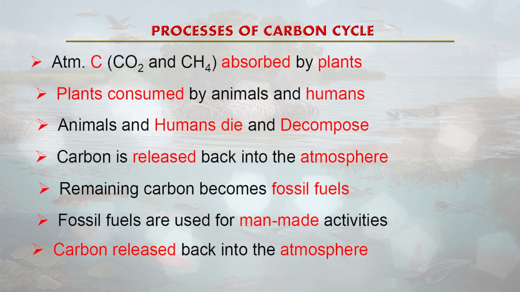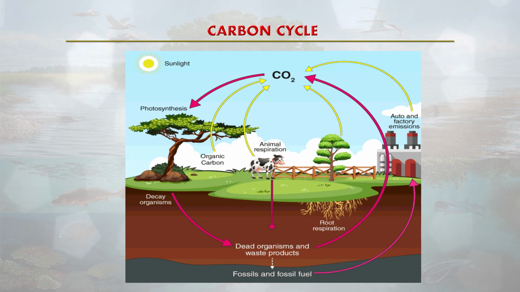These fossil fuels are used for man-made activities, and carbon is released back into the atmosphere. So this can be depicted in this particular diagram. We can see how carbon is being recycled, consumed, produced, and so forth.